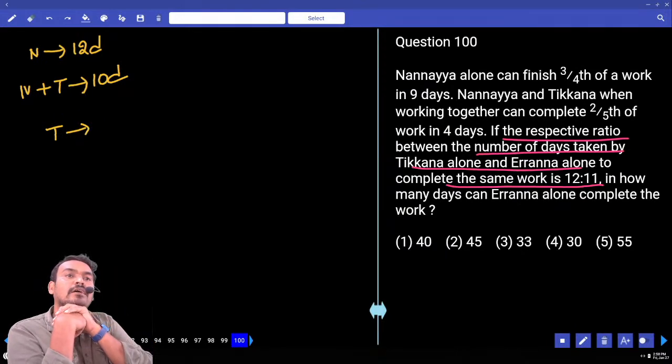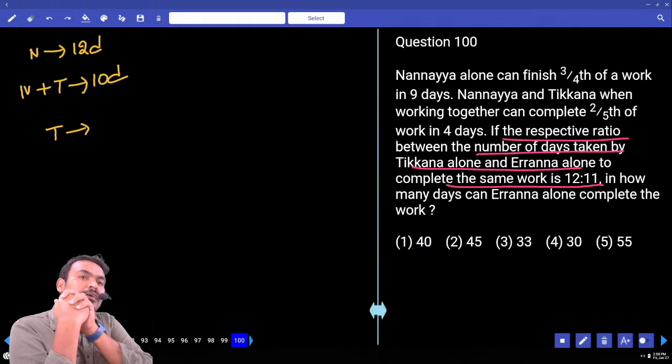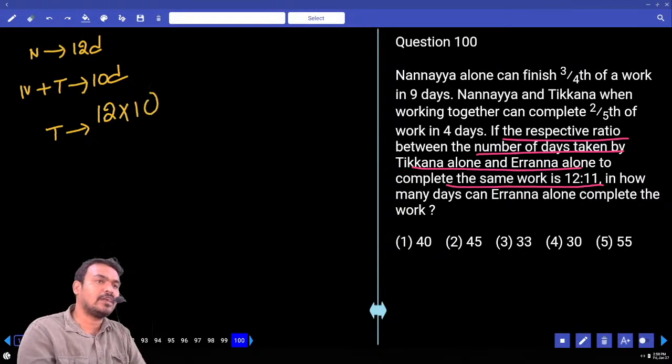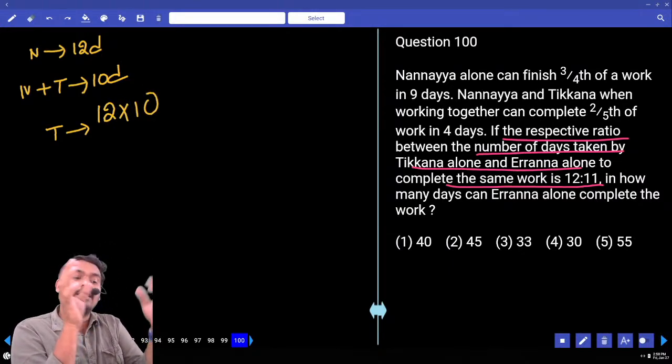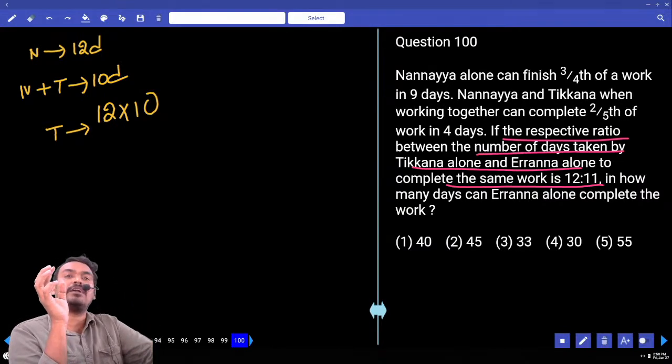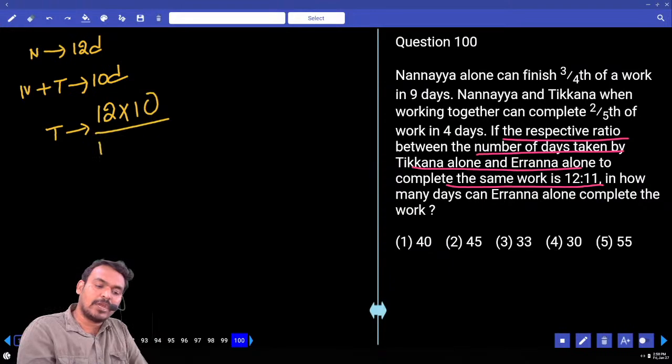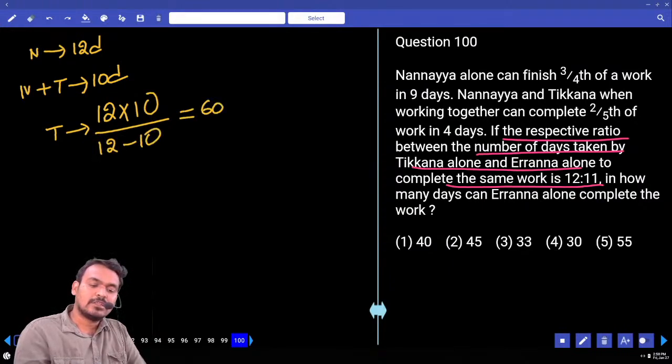Productivity by difference. One is 12, another one is 10. Don't say 12 minus 10, it will be 2. Together 10 days means individual more than 10 days or less than 10 days? More than 10 days. 12 into 10 by 12 minus 10, 120 by 2. How many days? 60 days, sir.